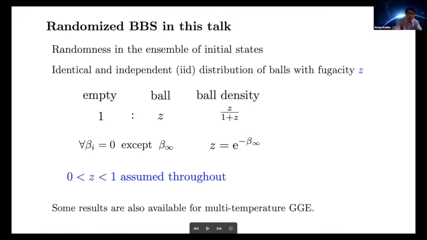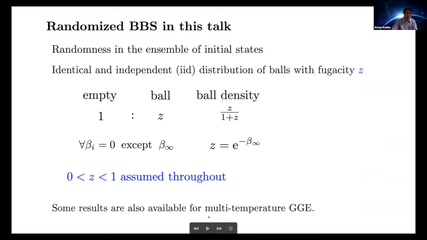By randomized box-ball system in this talk, I mean the following. The randomness enters in the ensemble of the initial states. The dynamics of the BBS itself is, of course, deterministic. So the randomness enters by choosing a certain ensemble of the initial states. And probably 99% of my talk will be concerned with the IID distribution of balls with ratio 1 to z.